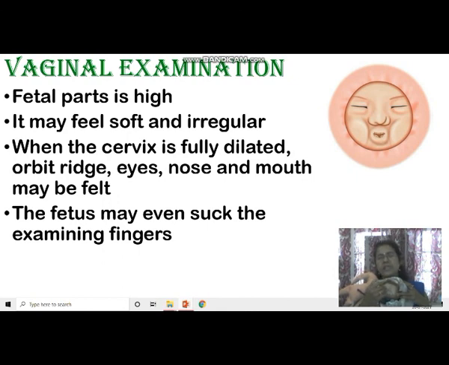So how to compare the face and the buttocks? We can feel soft lips, same as in the buttock, but in the buttock meconium can be seen. But if it is the baby's mouth, the baby will try to suck the finger. That is the difference between the breech and the face.